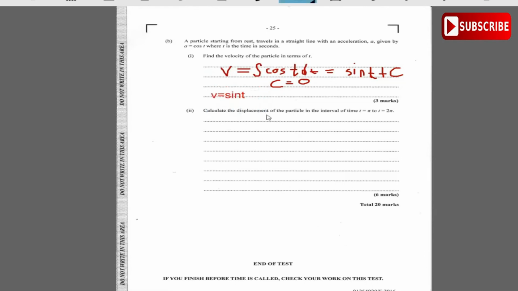Now it says calculate the displacement of the particle in the interval from pi to 2 pi. To get displacement, the displacement is the integral of the velocity. Displacement s is the integral of velocity, and we're integrating from pi to 2 pi.